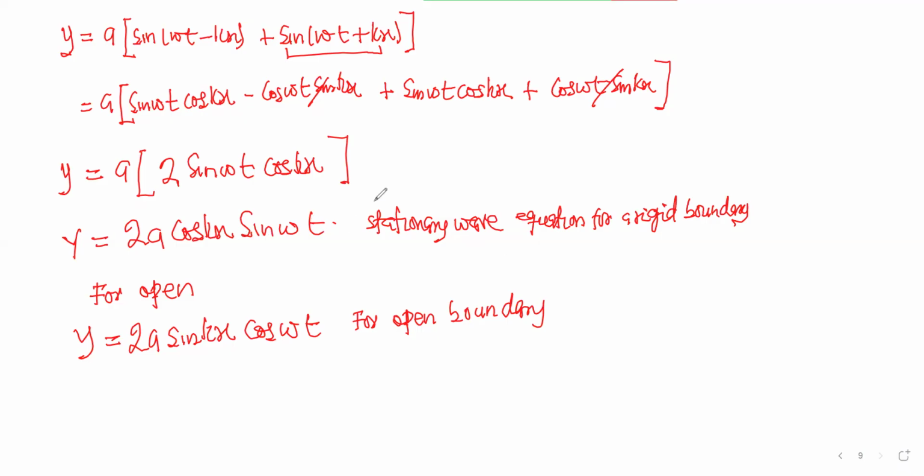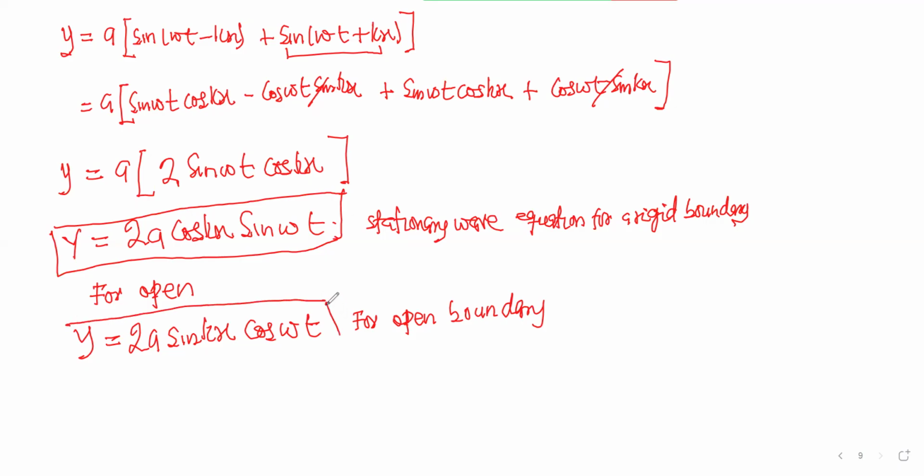So for the stationary wave formed as a result of having a barrier or boundary at both ends, this becomes the equation. And for the stationary wave formed as a result of having an open boundary, such as in wind instruments, trumpets, saxophone, the second one becomes the equation of the stationary wave.